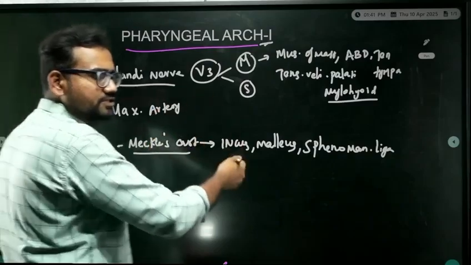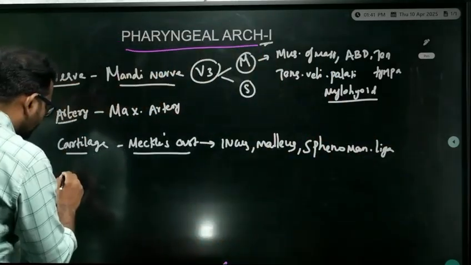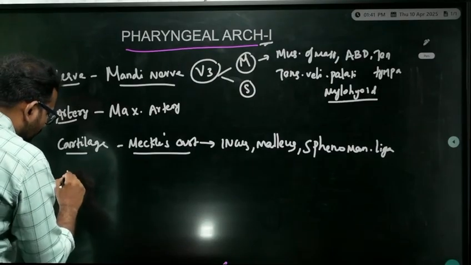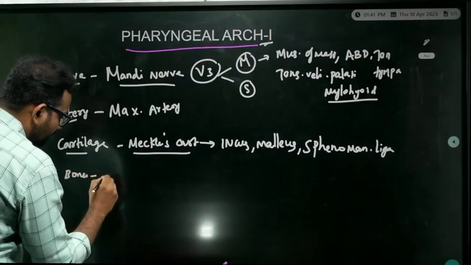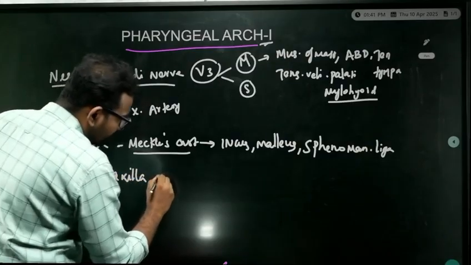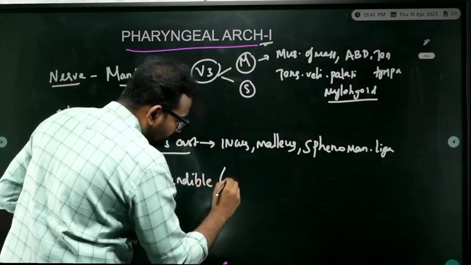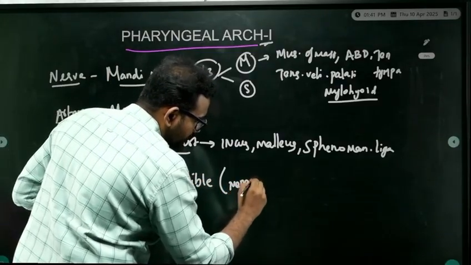Meckel's cartilage gives rise to the incus, malleus, sphenomandibular ligament, and it also helps in the formation of some bones like the maxilla. The mandible is also formed in pharyngeal arch 1, but not from the cartilage; it is because of membranous ossification.